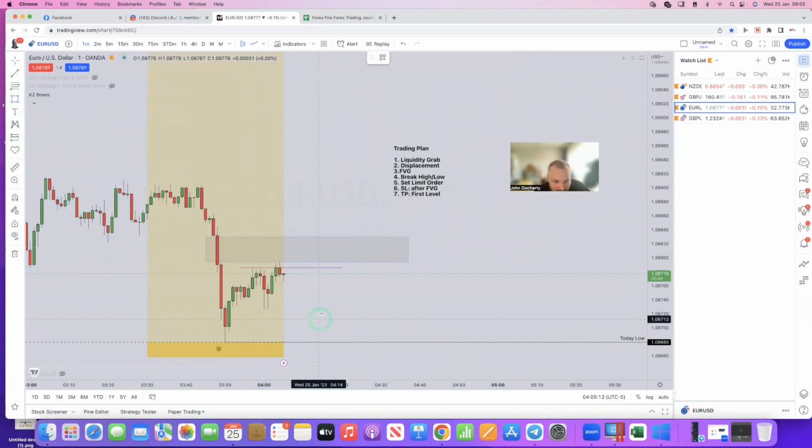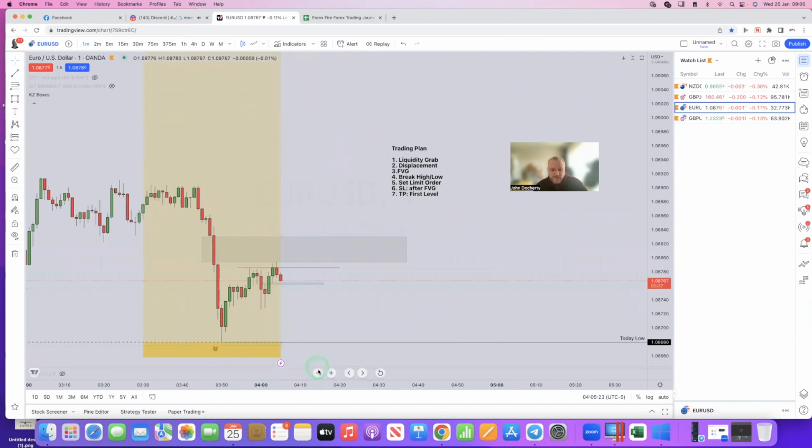Again, there is the slimmest of slimmest fair values there, but there's not enough displacement there for me to take an entry, to be fair. Even though there's been a liquidity grab here, we still want to see a push to the higher side, to be honest.